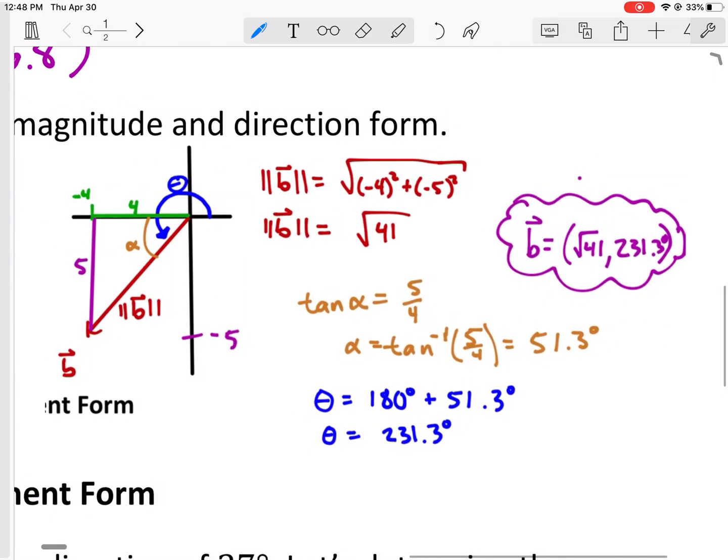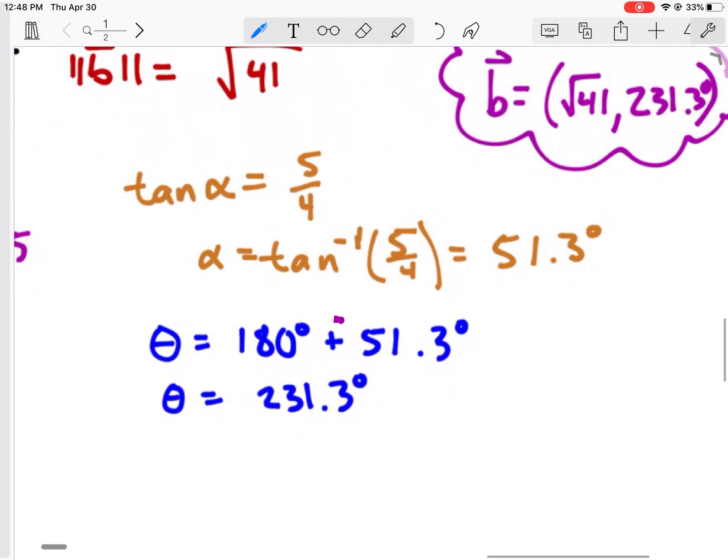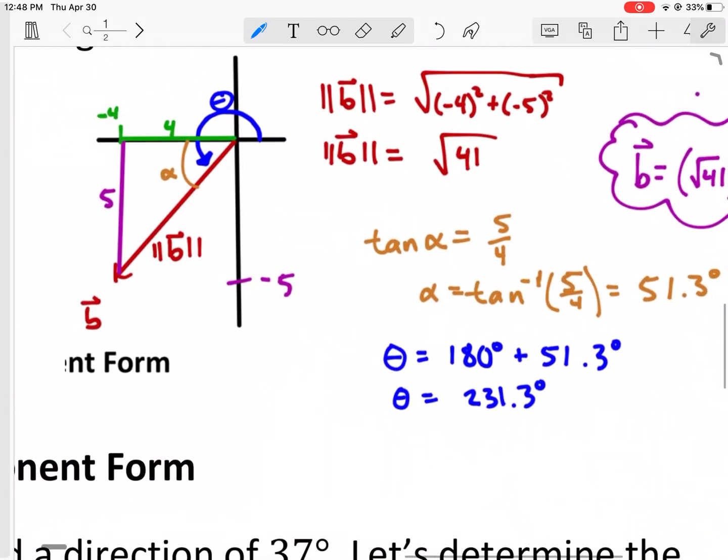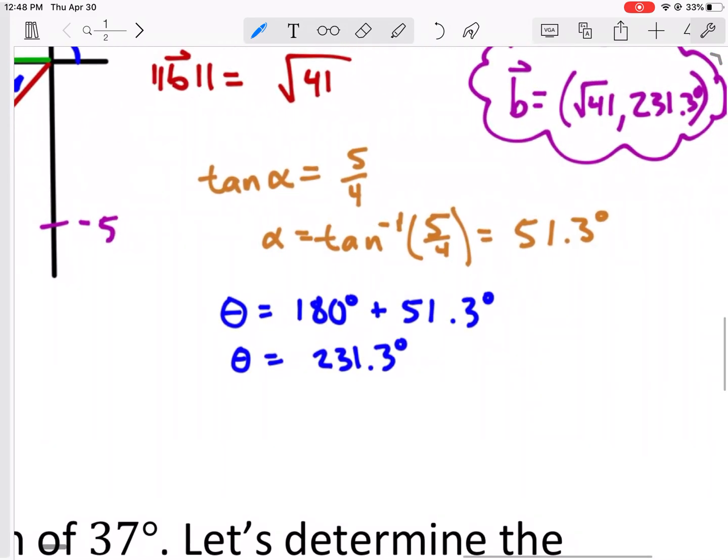And having done the work, you should have found that its magnitude is square root 41 and its direction is 231.3 degrees. Big catch here. A common mistake people have been making with polar coordinates is still subtracting, but we know that it's in quadrant 3, so we go to 180 and then a little more, so we're adding to 180 degrees to find that angle. So it should be more than 180.